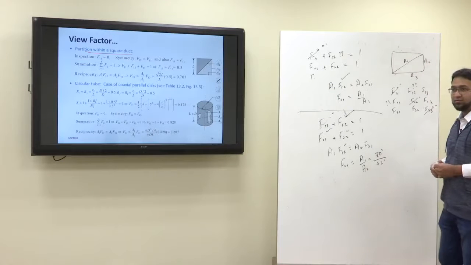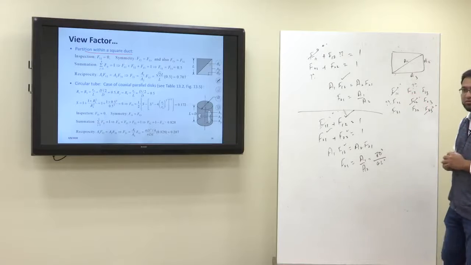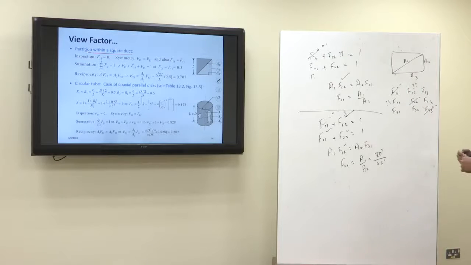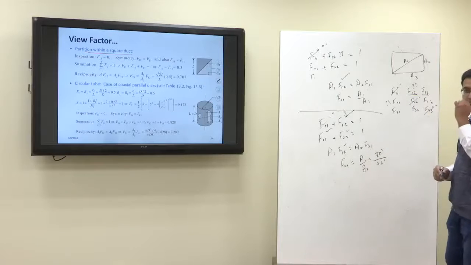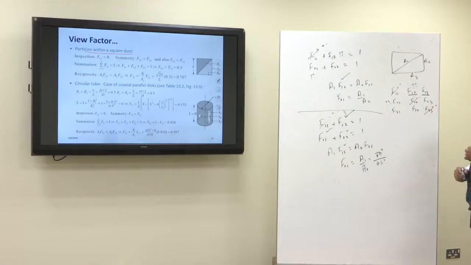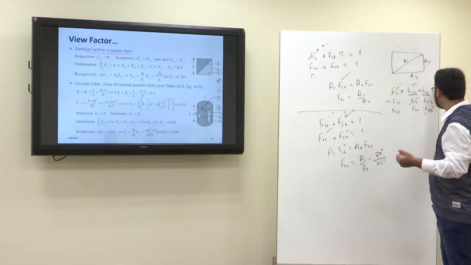Both have the same view factor by symmetry. So F12 and F13 are the same. Each one will be 0.5 because the summation of them will be 1.